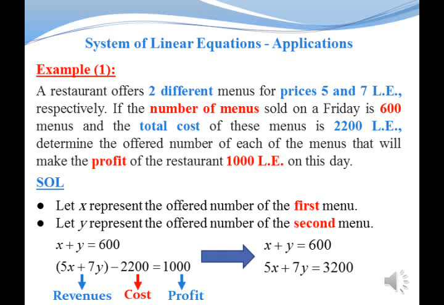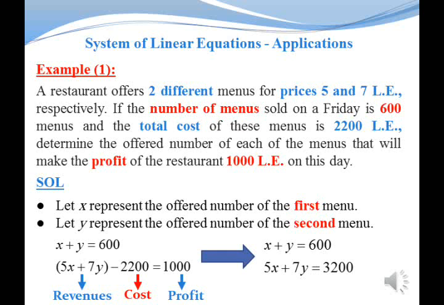The question says a restaurant offers two different menus for prices 5 and 7 LE respectively. If the number of menus sold in general, didn't specify the first or the second, the number of menus sold on a given day is 600. So on a given day, on this Friday, I can say that x plus y is equal to 600. Why?